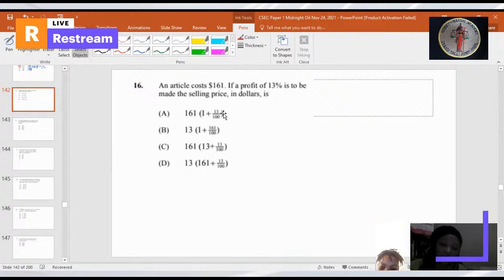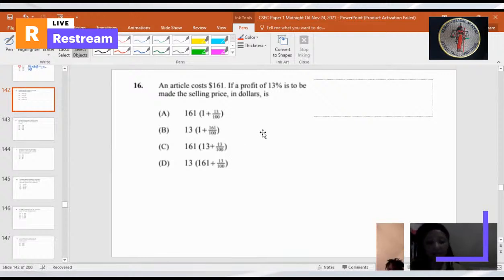And this one is saying plus 13 over 100. Each of them is saying plus 13 over 100. I thought I was seeing the wrong thing. Yeah, 13 over 100 for these.